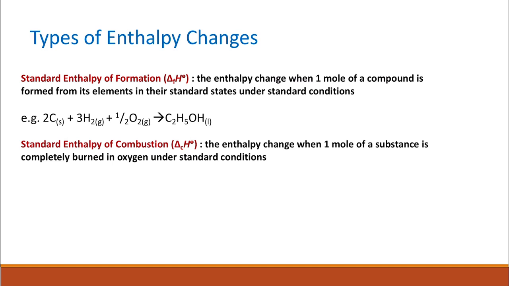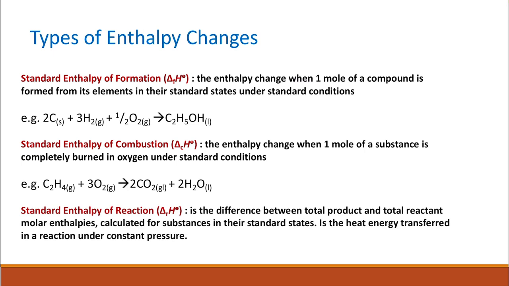Standard enthalpy of combustion is when 1 mole of a substance is completely burned in oxygen, like burning ethene to produce carbon dioxide and water. And there is the standard enthalpy of reaction. This measures the difference between the enthalpy of products and reactants, usually under constant pressure.